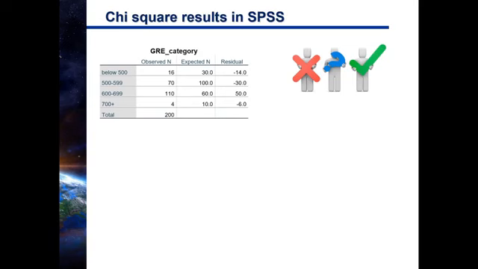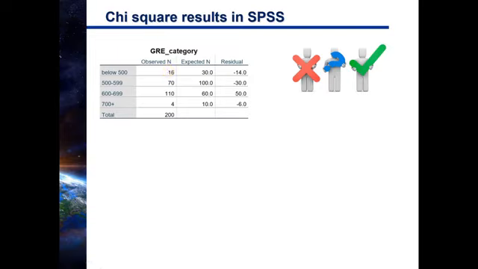Let's say you plug your data into SPSS. SPSS is going to give you two important boxes of information. This first box tells you what you entered as far as your observed frequencies. Here it says observed N, but N is like a sample size, right?